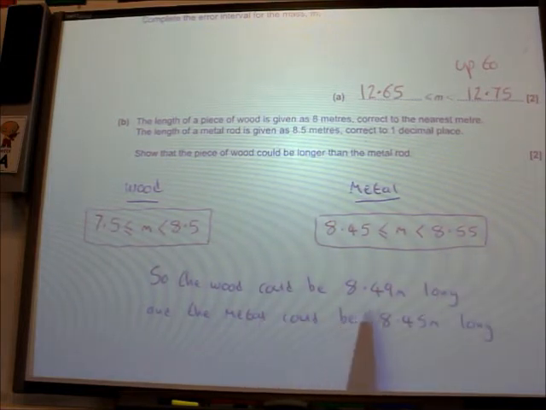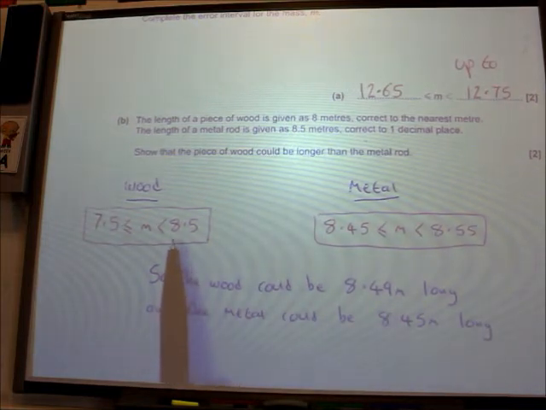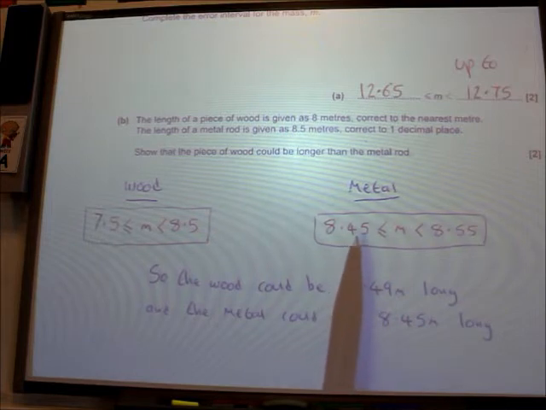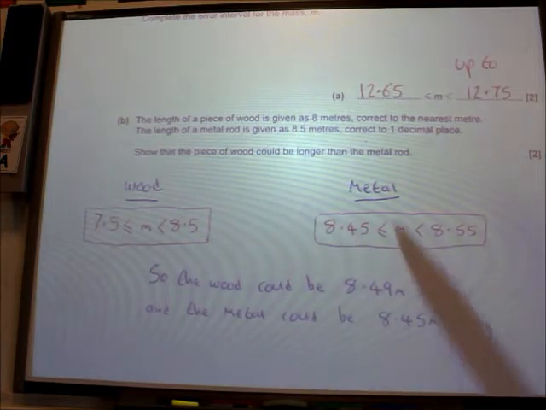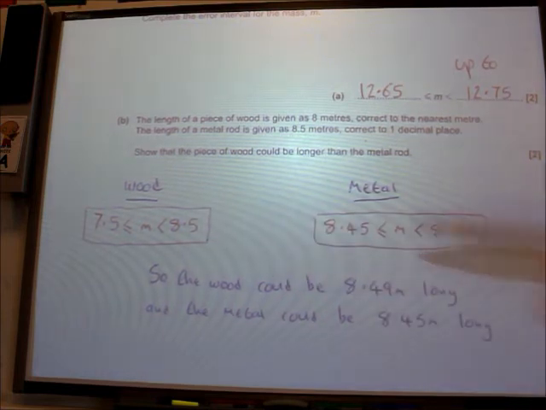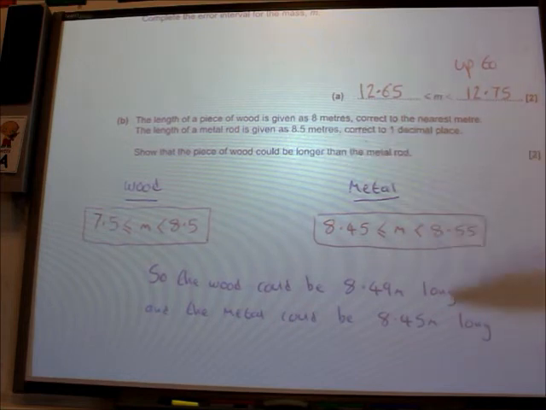So the wood could be 8.49 metres long, because that is less than that. And the metal could be 8.45 metres long, because that's as low as it could possibly be. So we have shown that the piece of wood could be longer than the metal rod. And obviously if you look at the numbers above, the piece of wood did appear to be shorter. So these error intervals are pretty important.